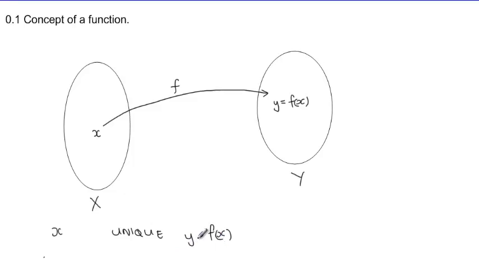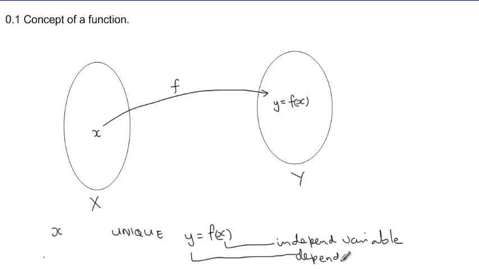So if we write y equals f of x, what you must understand is that x is known as the independent variable of the function, and on the other hand y is the dependent variable, meaning that to get the value of y, we first pick a value of x, then evaluate the function according to the formula or expression of the function to get y.